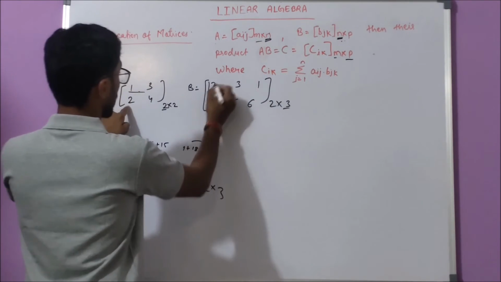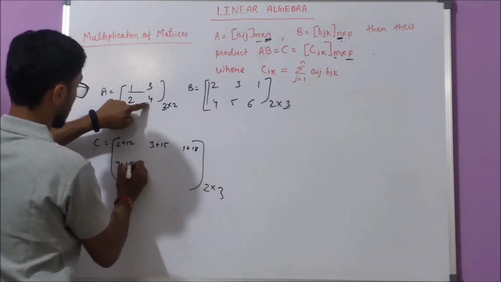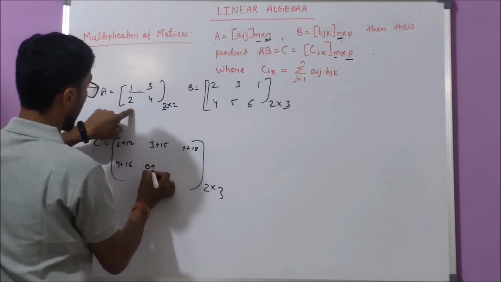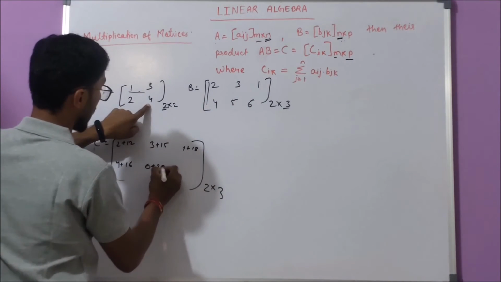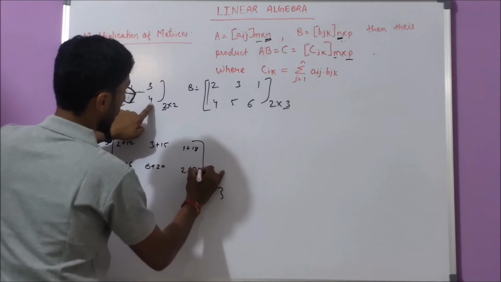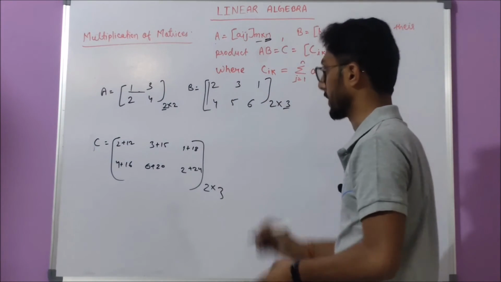Now 2 2 is a 4 and 4 4 is a 16, 2 3s are 6 and 4 5s are 20. Now 2 1s are 2 and 4 6s are 24. So we have the final result of multiplication of two matrices.